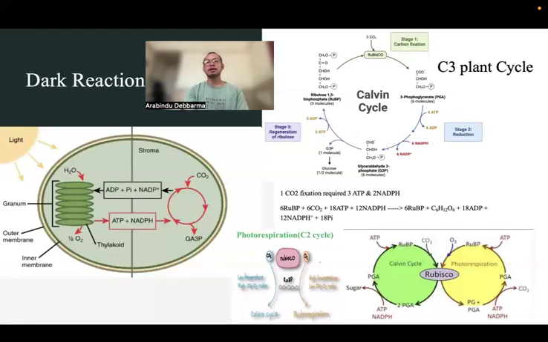Once the 6 carbon molecule is formed, it is broken down into 3 carbon molecules called 3-phosphoglyceric acid. In the structure you can see that after CO2 joins with ribulose bisphosphate to form the 6 carbon molecule, it is broken down into 2 molecules of PGA, phosphoglyceric acid.